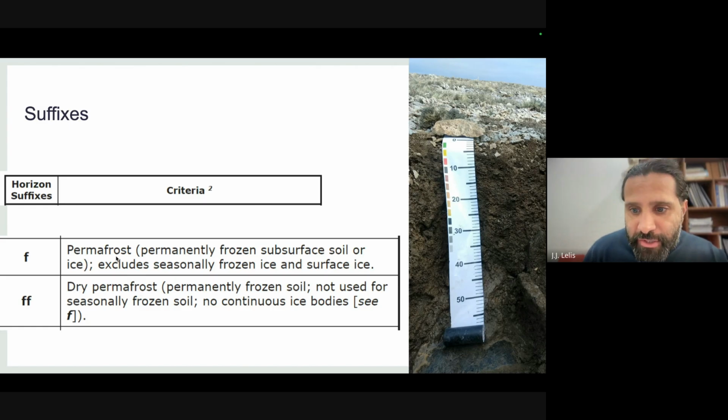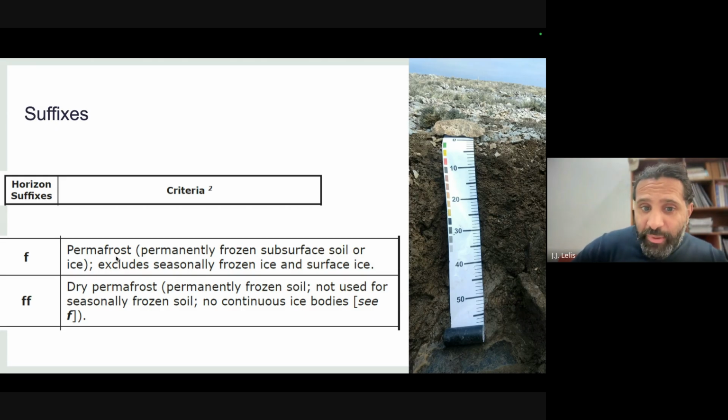Permafrost is just a layer that registers temperatures lower than 0 Celsius for at least 2 consecutive years. So I need to register very low temperatures, and because of these very low temperatures, the water is frozen, and then I will add the letter F.